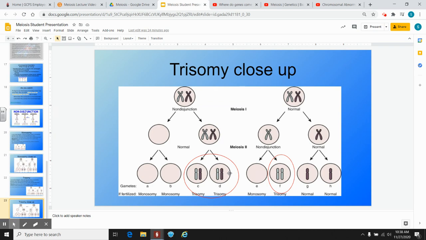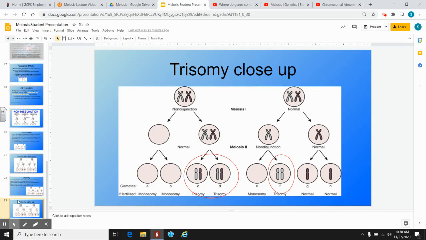The chromosomal disorder trisomy 21 is Down syndrome, and most of you are very familiar, maybe somebody in your family, certainly have met somebody in your life that has Down syndrome. And this is a result of 3 copies of chromosome 21.